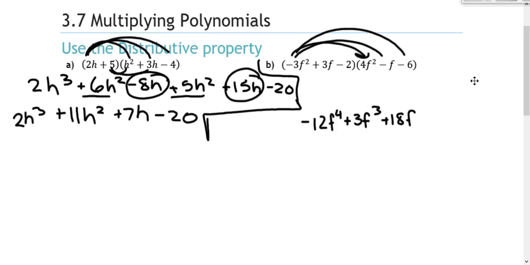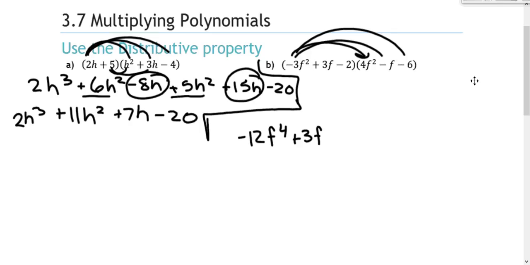I'm going to run out of room. I'm going to restart that a little bit more over here. So negative 12f to the 4 plus 3f cubed plus 18f squared.